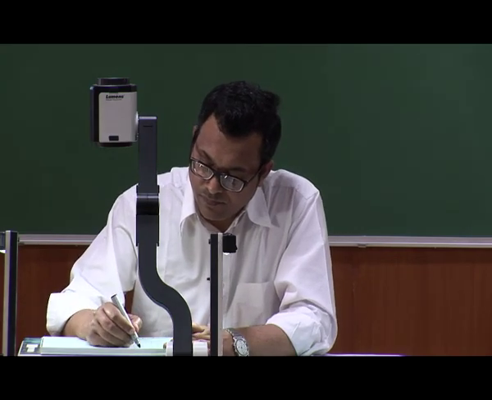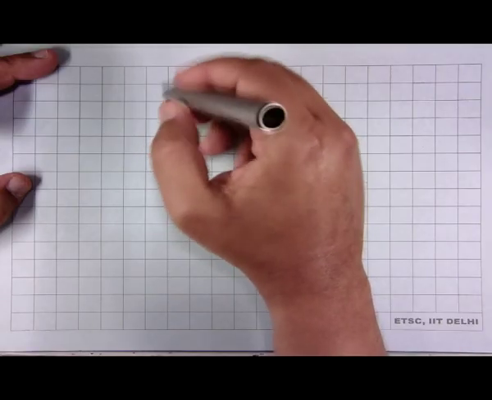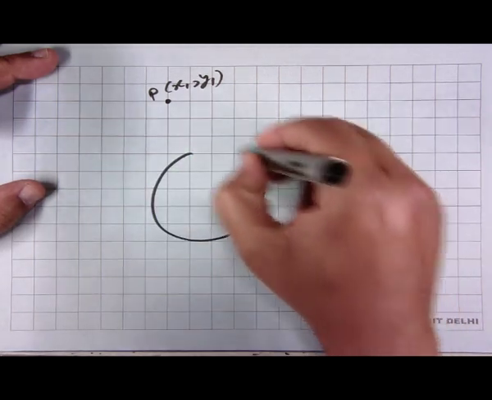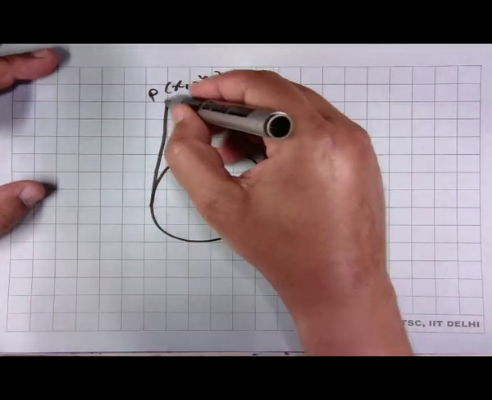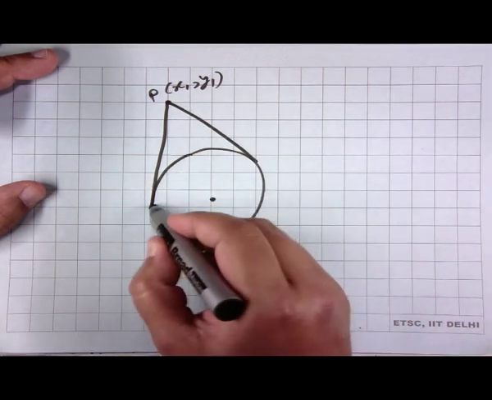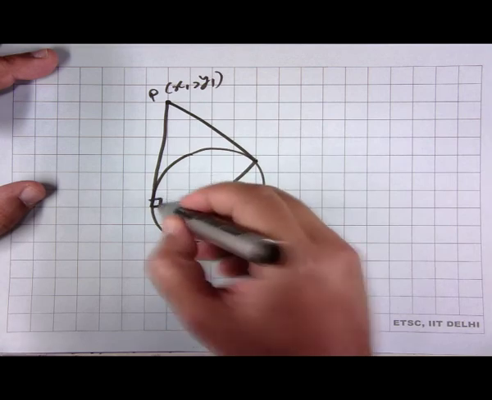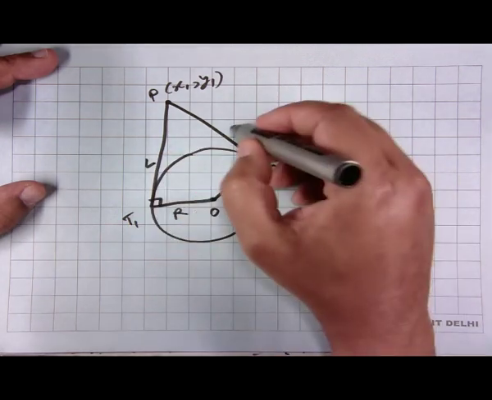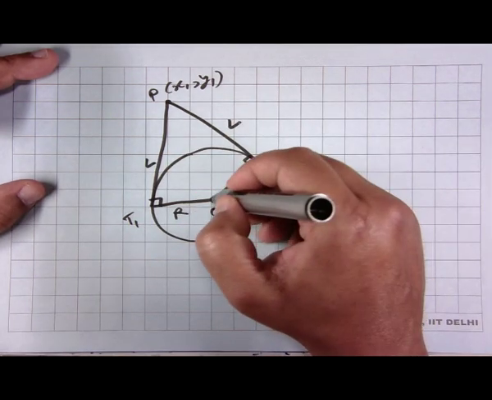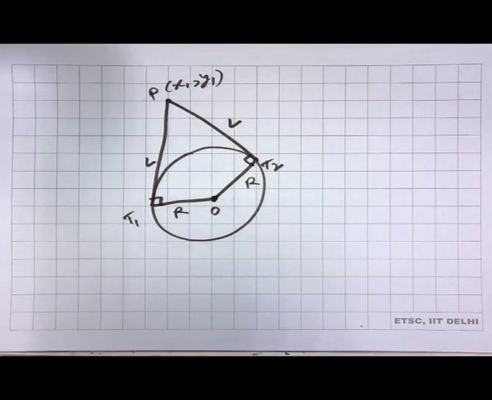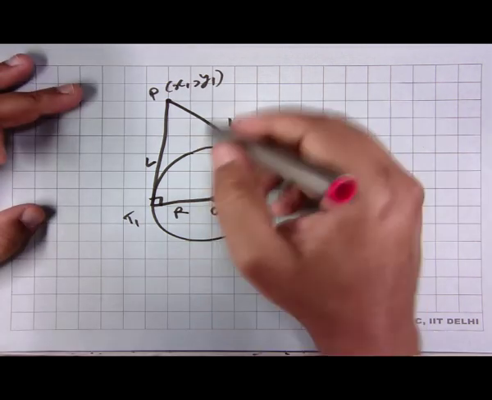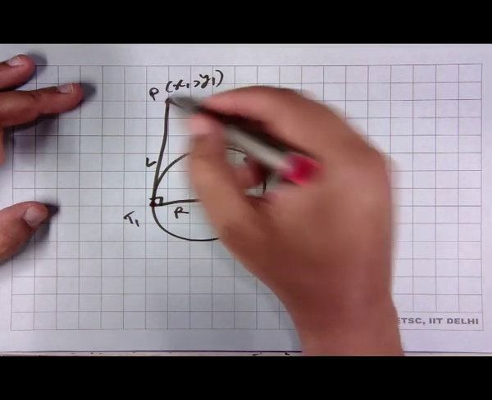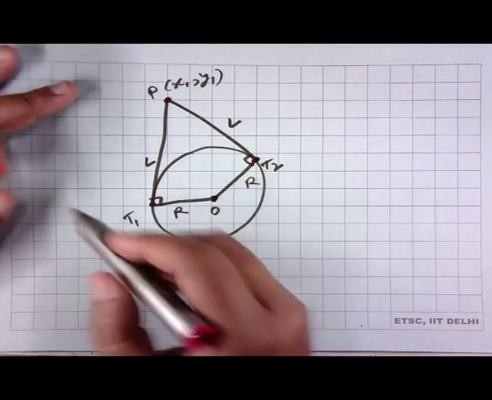Finally, another type of question that can be asked is, for the same setup, we could be asked to find the equation of the circle which circumscribes the triangle PT1T2.